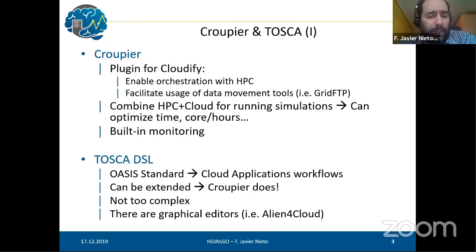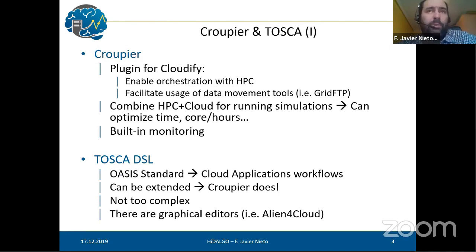And one of the good things that this orchestrator has is that it allows us to combine HPC and cloud resources for running these simulations. The good thing is that sometimes you can decide to optimize the time that you're going to use, or the core hours efficiency, these kinds of things. So it has some benefits, and it also includes the possibility of some built-in monitoring.